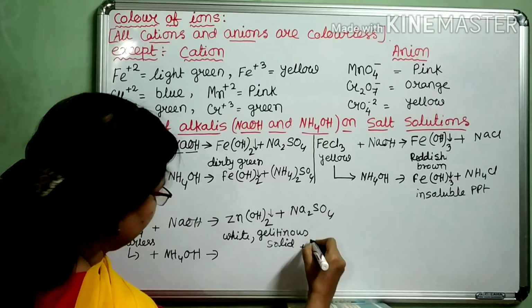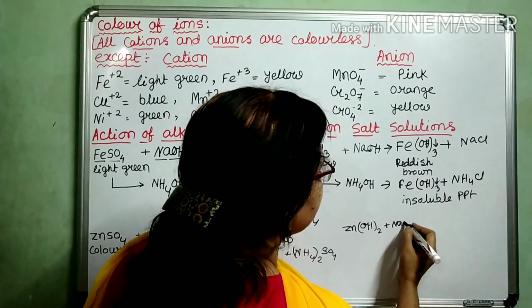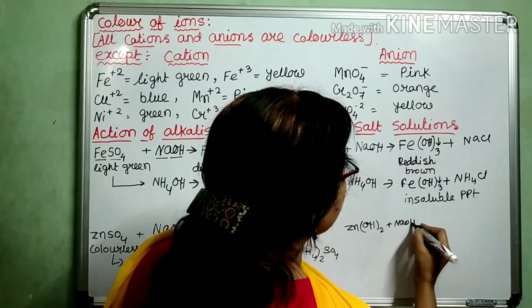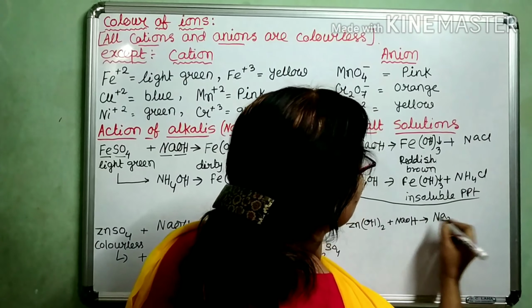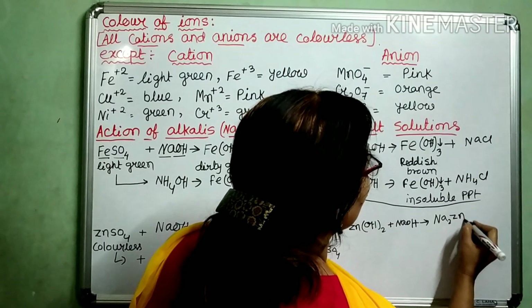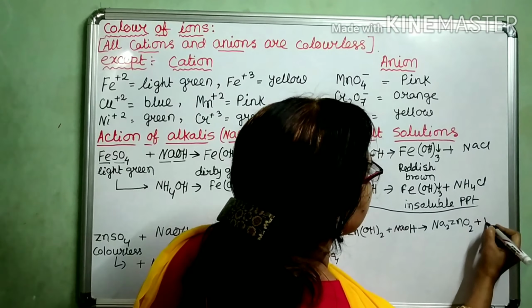When excess NaOH is added, then metallic hydroxide plus excess NaOH gives sodium zincate, Na2ZnO2, plus H2O.